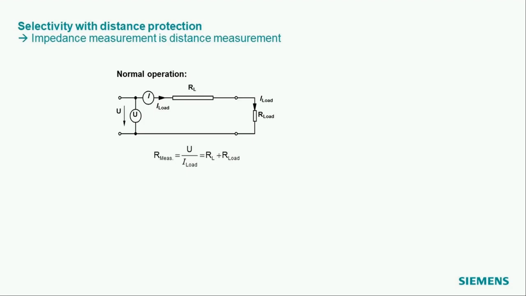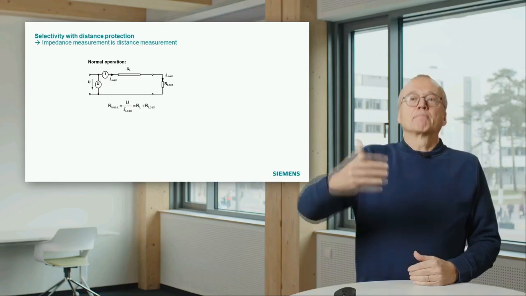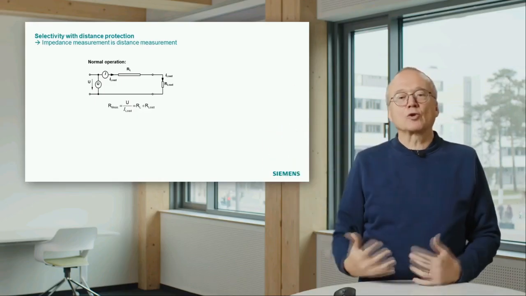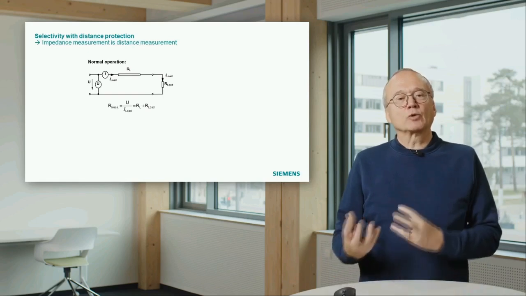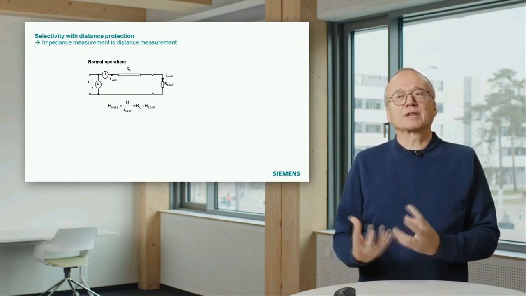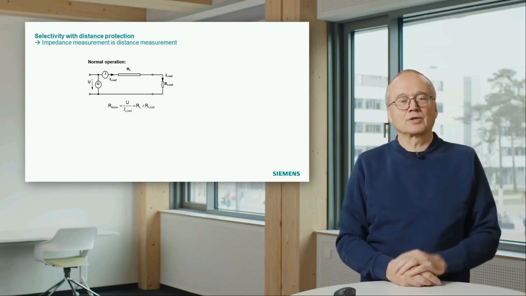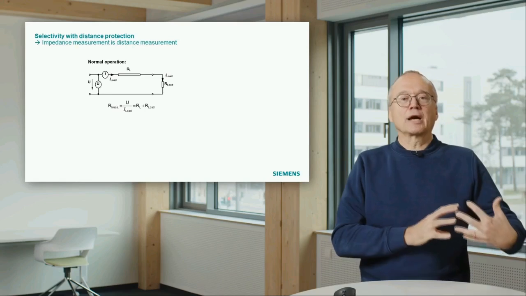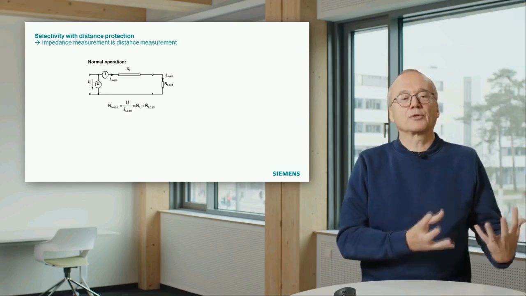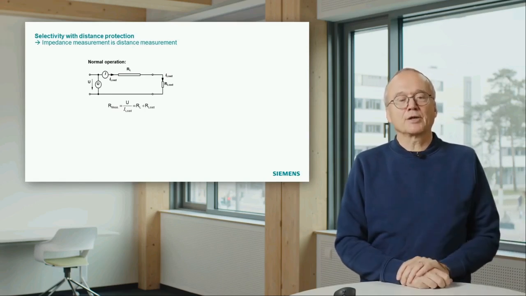That means we assume we have a line. Beyond the line, we have a rest of a system, and we replace that by just an equivalent resistor, in this picture called the load resistor. And on the beginning of the line, we measure the voltage and the current and can calculate the impedance.